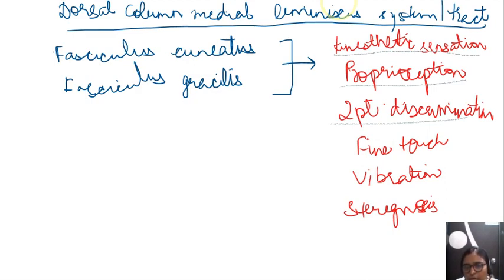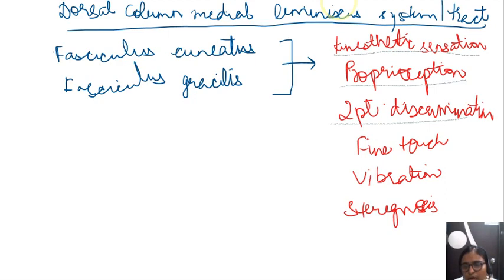That is called your 2 point discrimination. This also you have to do with your closed eyes. Fine touch also, like very precisely if anybody touches you, for example with a pin or needle, you can locate the appropriate place, where it is and how much area it is. This is called a fine touch.